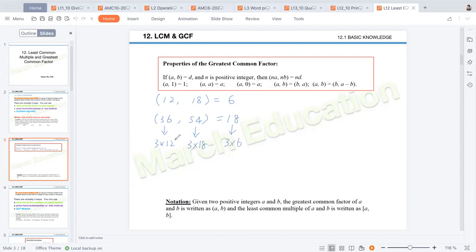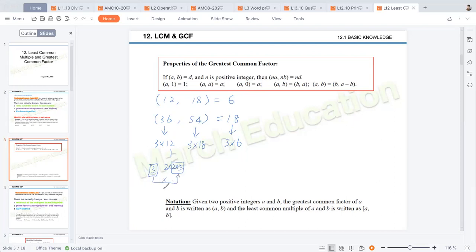Okay. Because we can write them in prime factorization method. So the prime factorization of 12 is 2 times 2 times 3. And this part is the common part. I just use 3 because 3 is another common part, right?